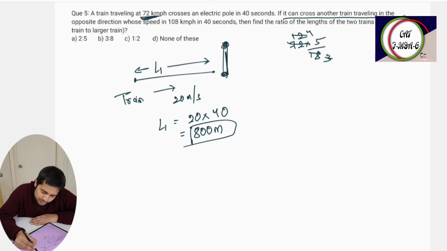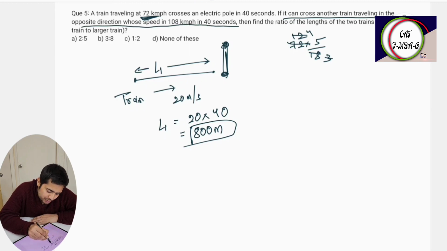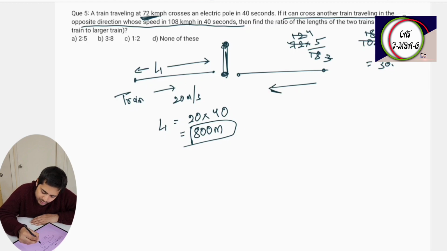If it can cross another train traveling in the opposite direction whose speed is 108 km per hour, so 108 into 5 by 18 is equal to 30 meters per second. So the other train, T2, is traveling like this at 30 meters per second, and let the length be L2, in the opposite direction.